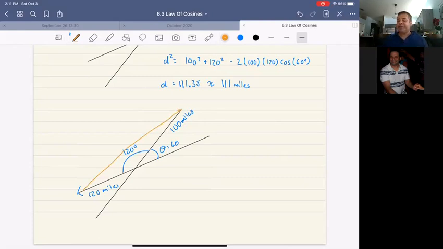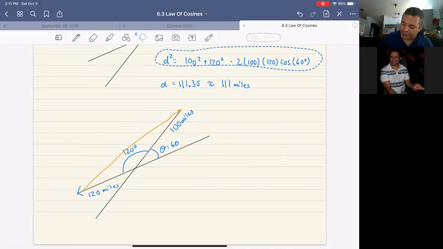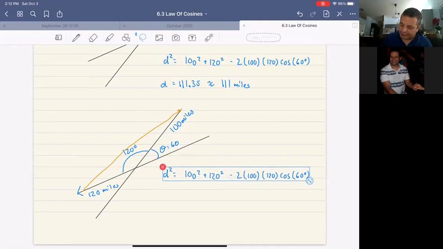Okay. Still the same thing. It's still a law of cosines. All right. So I'm going to take my d squared from up here, bring it down here. Something has to change though. That becomes cosine of 120 degrees.